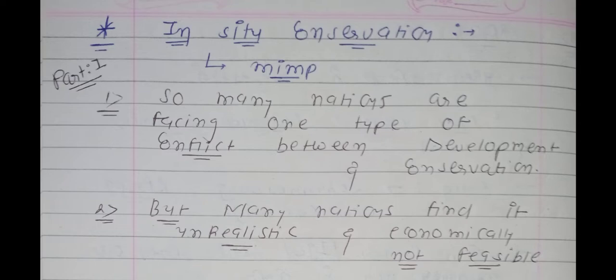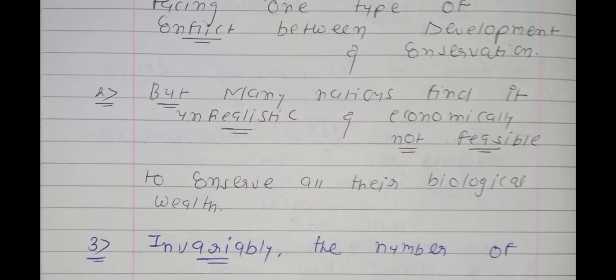So again, first point, many nations are facing a conflict between development and conservation. Point number 2, but many countries find it unrealistic and economically not feasible to conserve all their biological wealth.